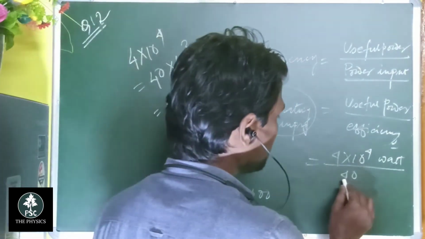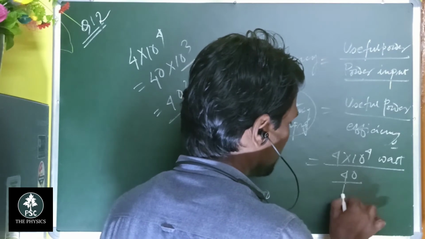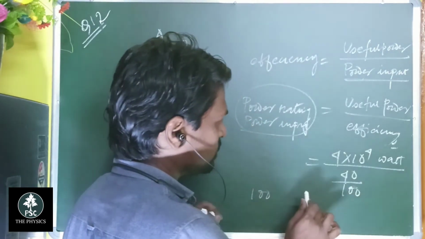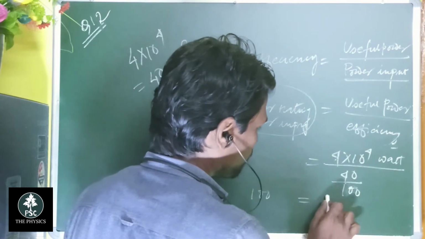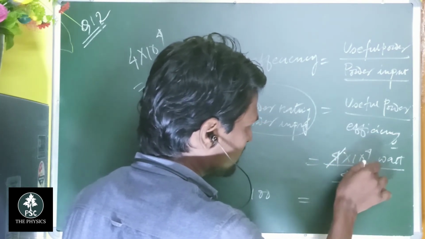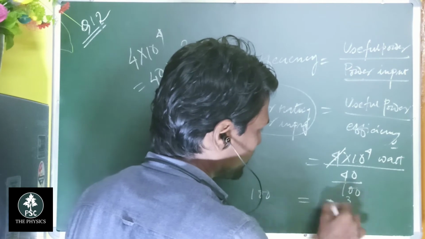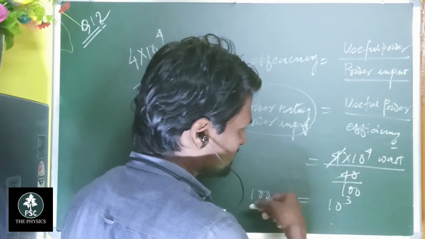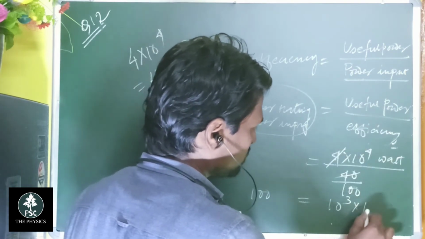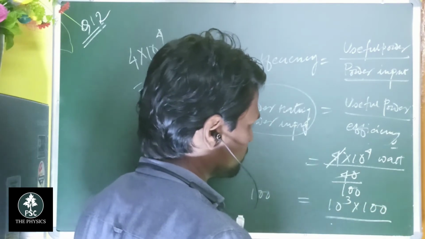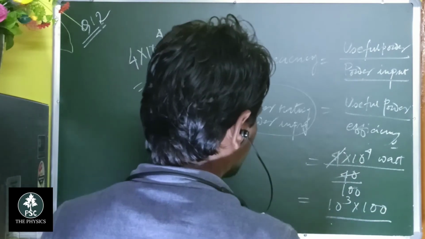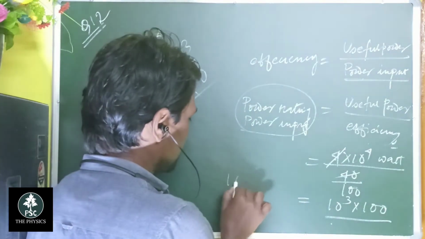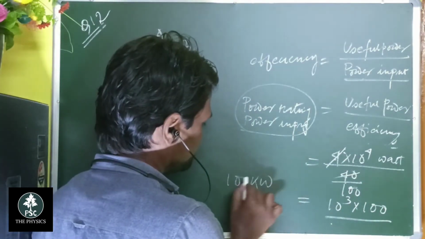So 40 by 100, the 40 cancels, and it remains 10 to the power of 3 here, and then 100 into 10 to the power of 3, and 10 to the power of 3 means, students, kilowatt. So this is 100 kilowatt.